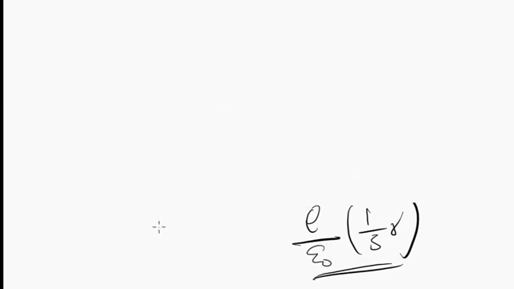Alright, so since we have E to be this, let's also recall that rho is Q over the volume. So we can also get back to something familiar.